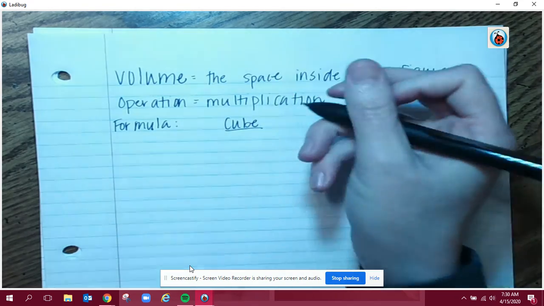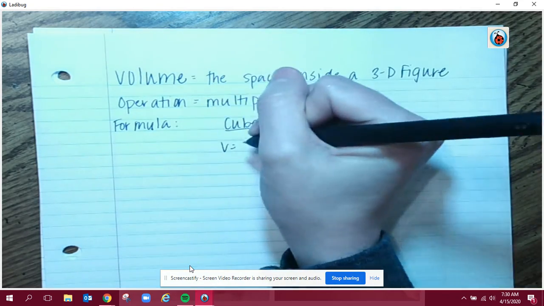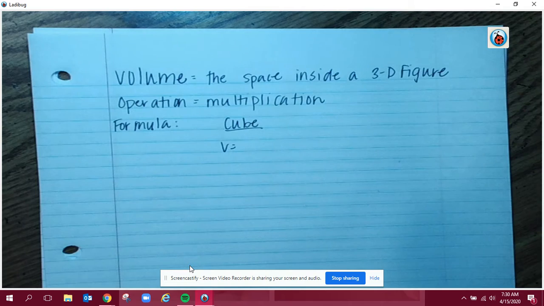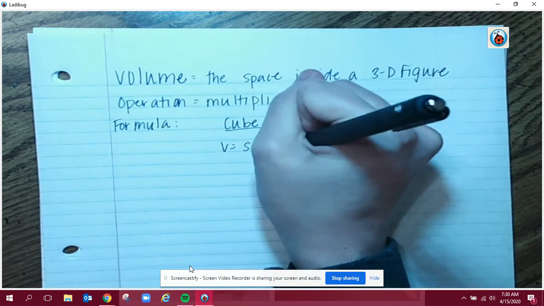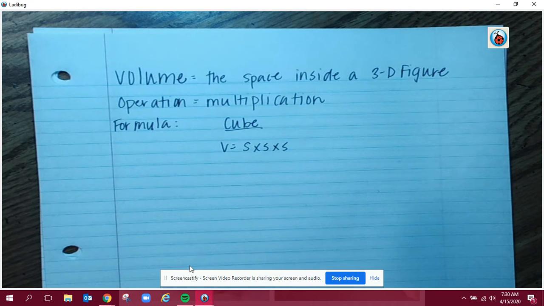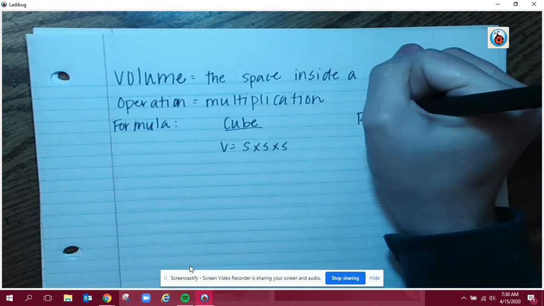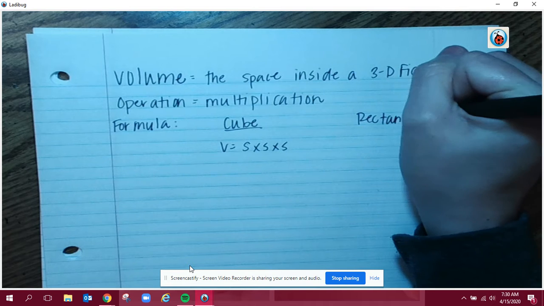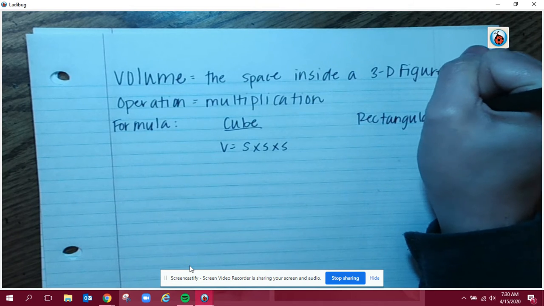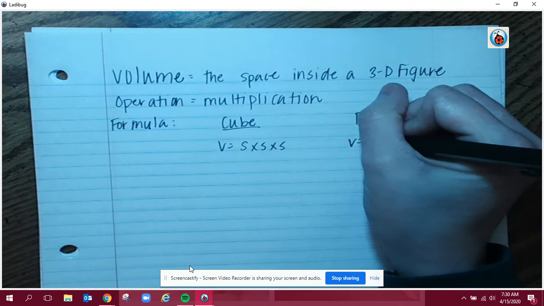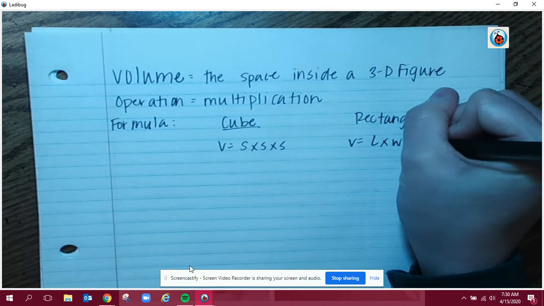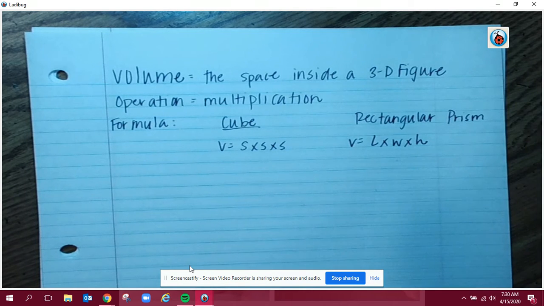So for a cube, because all of the sides are the same length, you're going to do side times side times side. With a rectangular prism, you're going to use the formula length times width times height.